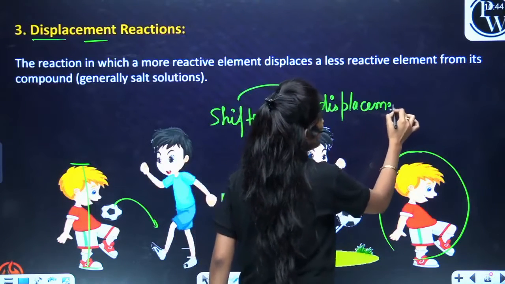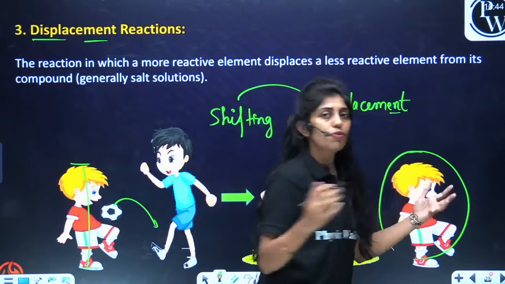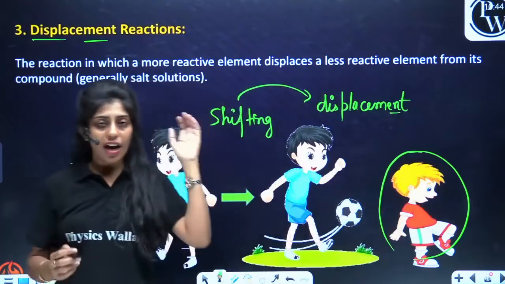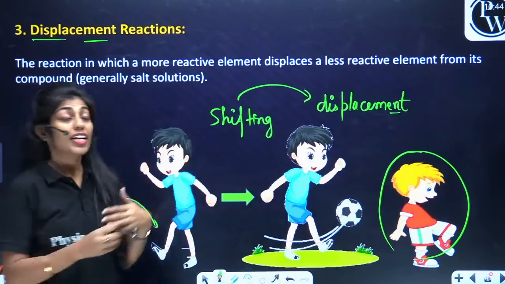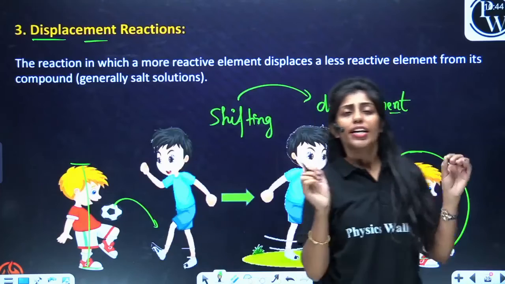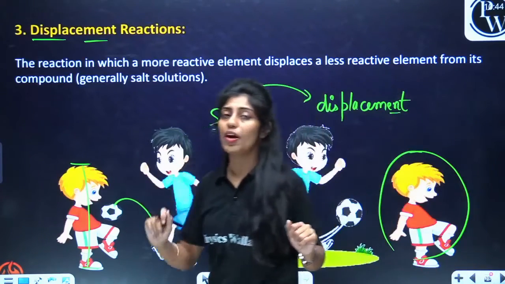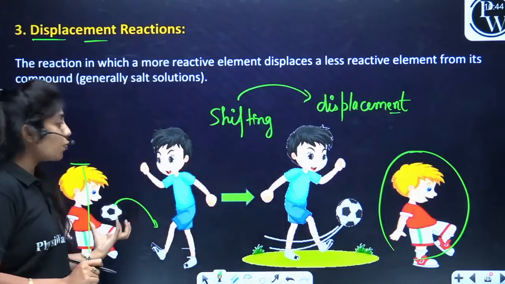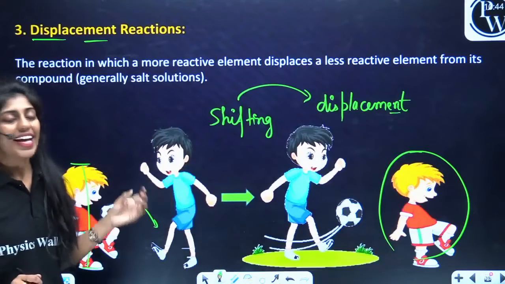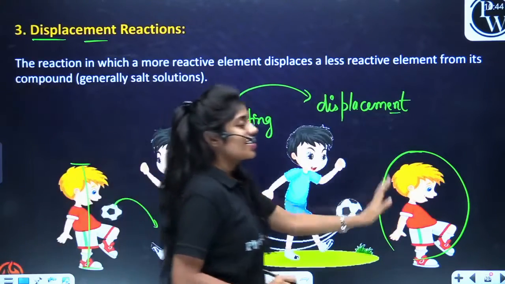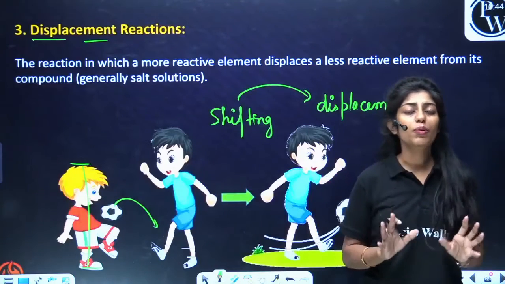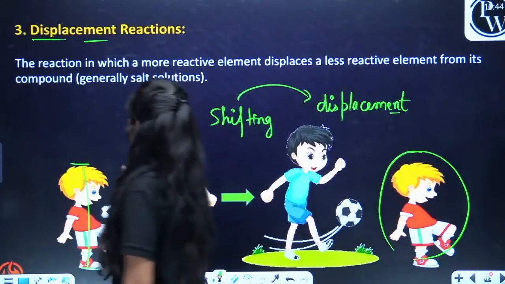And this can happen with everyone. Sometimes in our childhood this may have happened to us also. A bigger, taller, stronger boy can displace the ball from the little boy, and that poor little boy is left standing alone. So what can we conclude?